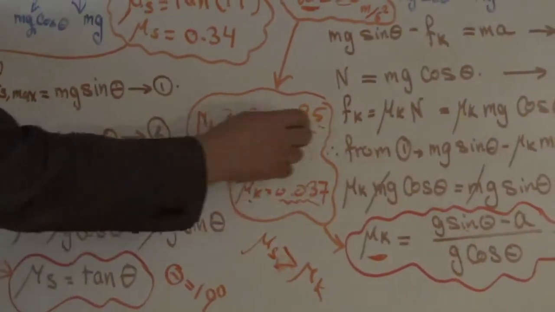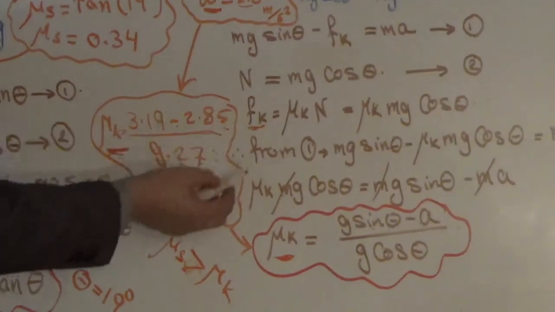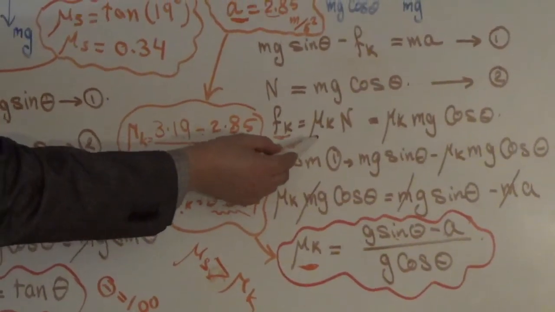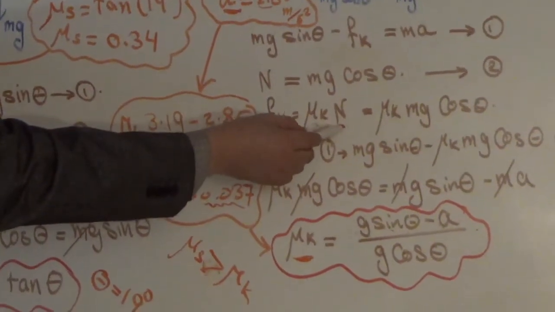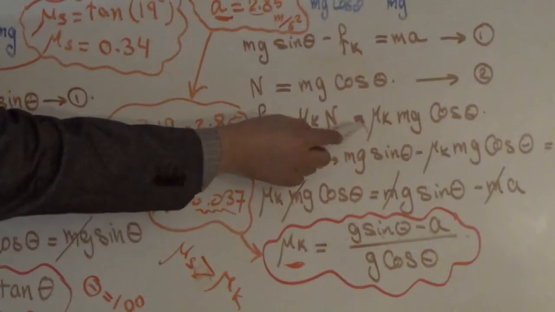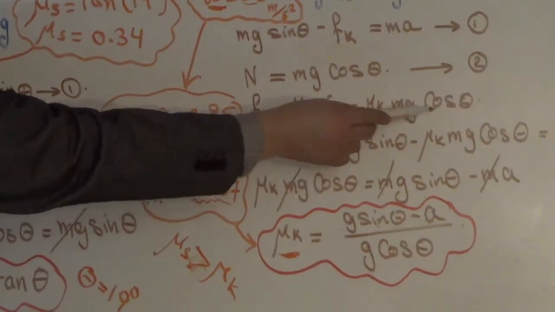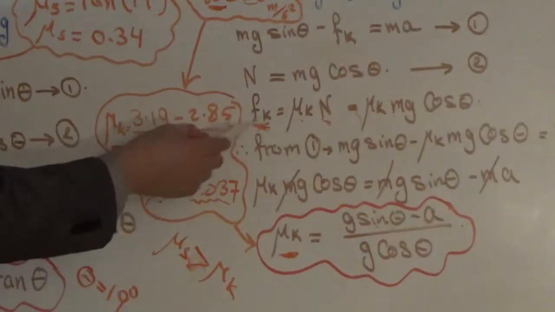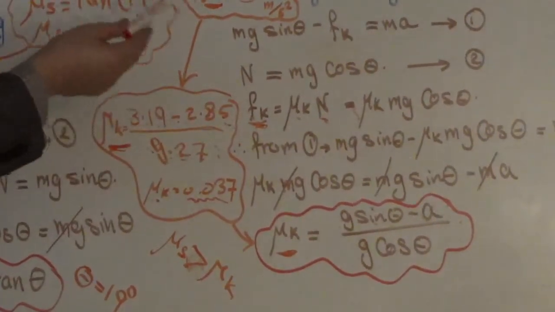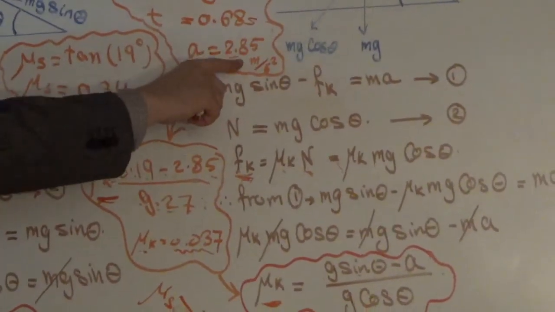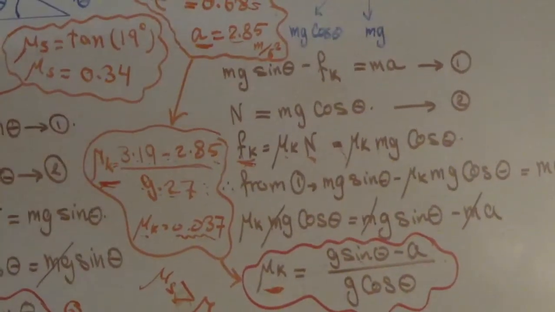And also you can figure out f k, so we know that coefficient of kinetic friction times normal force is coefficient of kinetic friction times mass times gravity cosine theta. So that will allow you to figure out f k. And f k is small, since the object is moving with this acceleration, which is 2.85 meters per second squared.